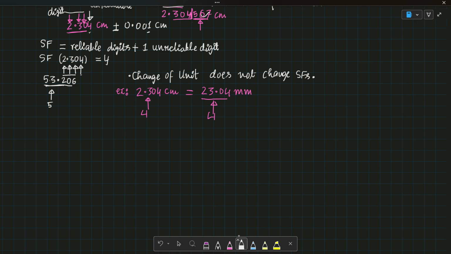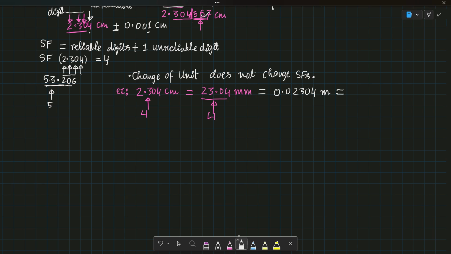So if this was given in centimeter and we have changed it to millimeter, its significant figures will remain the same. Now let's say somebody changed its unit to meter, so this will become 0.02304 meter.